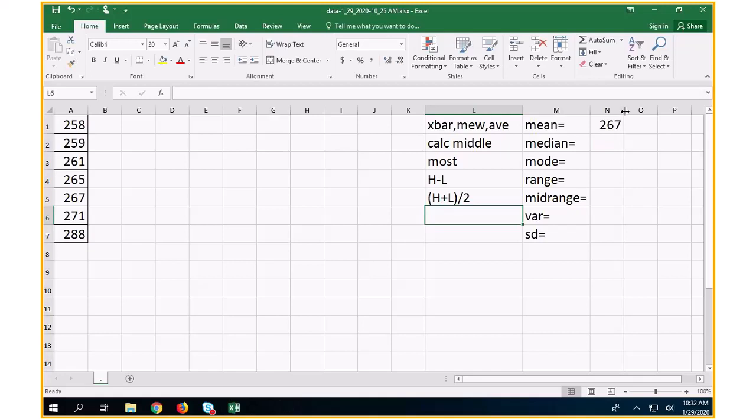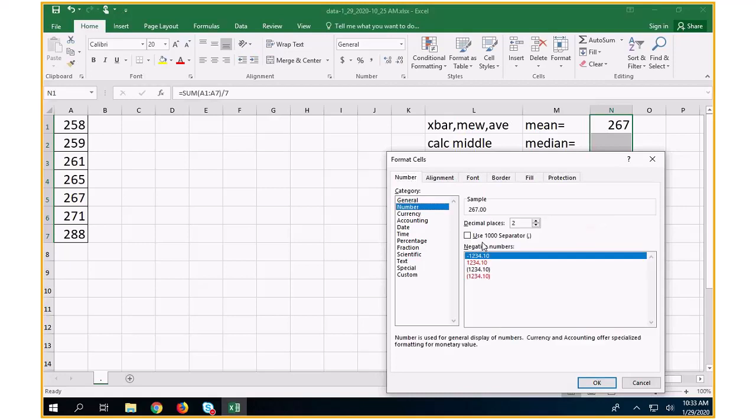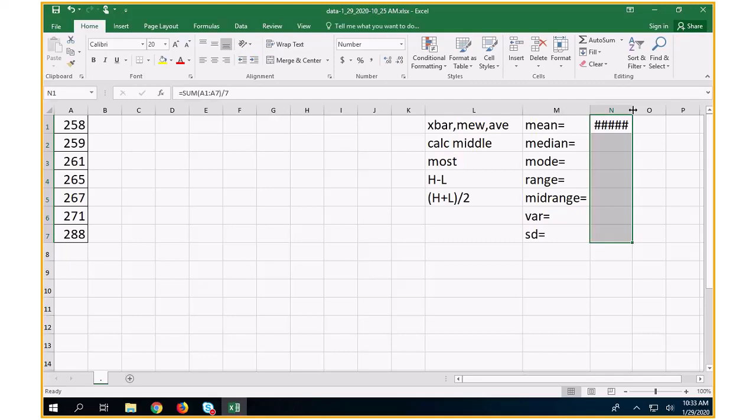Now, luckily, we're all whole numbers, but let me check if it's rounded. Format cells, number, 4 places. Nope, that's the whole number.